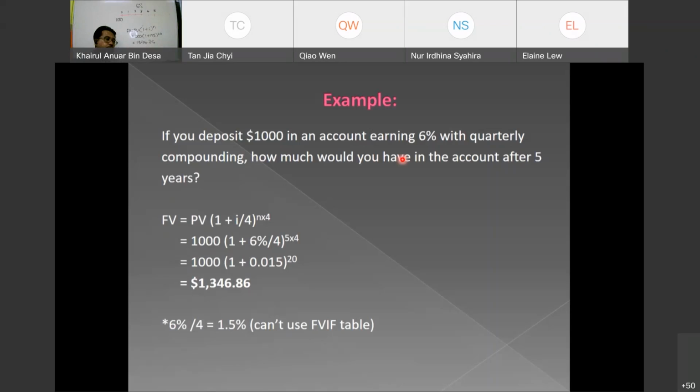Again, I just want to remind you, this chapter, time value of money, is a very crucial topic because all the information, all the philosophy, all the concepts of the time value of money, present value, future value, and also the annuity, we're going to use again in the next topic. So you have to fully understand this topic.